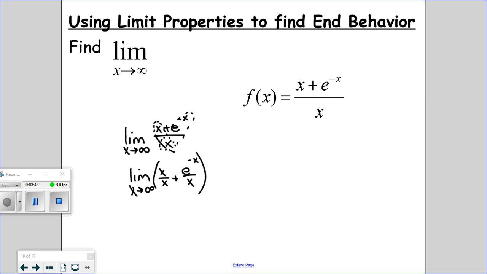And then a couple of notation comments I would make on this. First of all, I would never write something as x over x, right? x over x is just 1. So I would rewrite that as 1. And the second part is this, and you don't have to do this, but back in algebra, if I had handed you something that had a negative exponent, do you remember what strategy you used to get rid of the negative on that exponent?